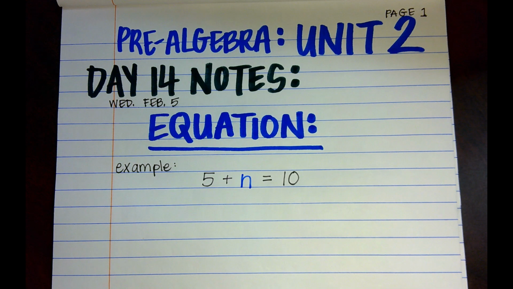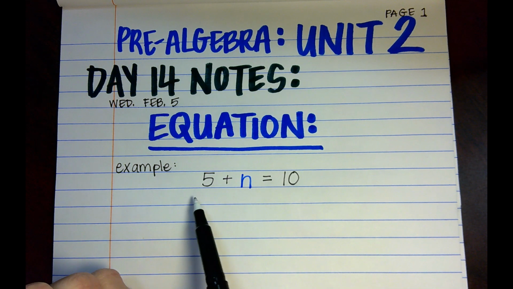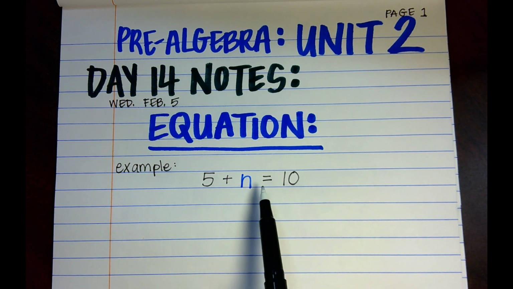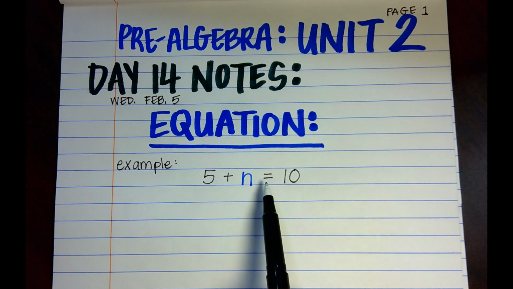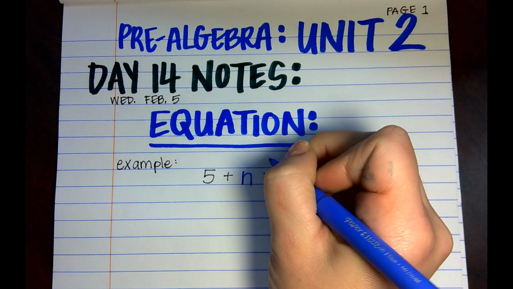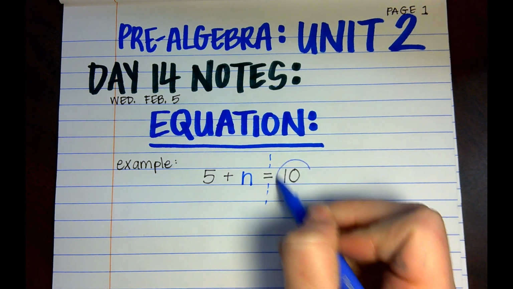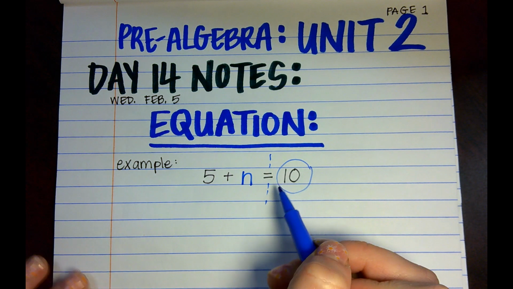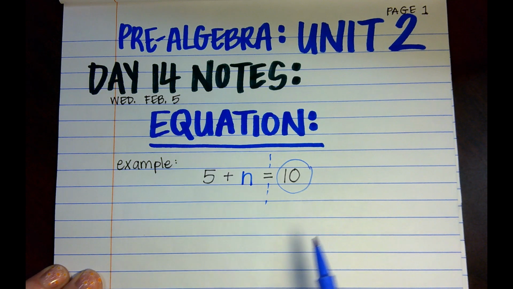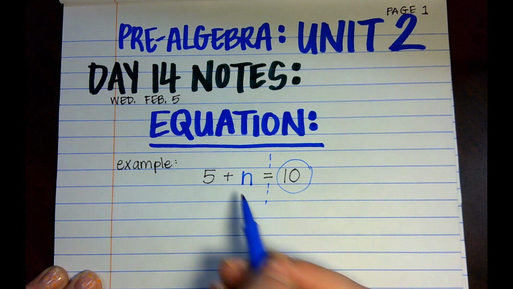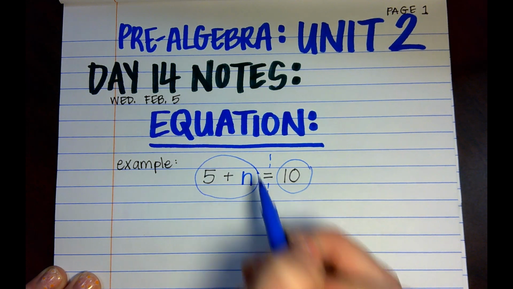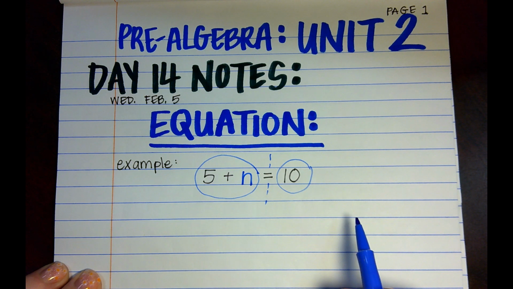An equation is kind of like a number sentence that has an equal sign in it. This equal sign means that anything on this side, the 10, needs to be the same as 5 plus a number. These must be the same.